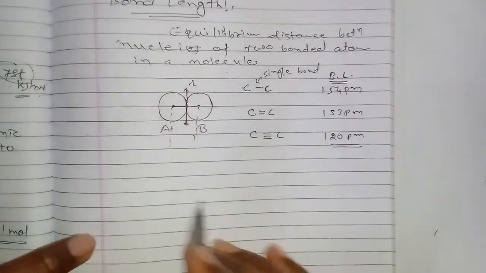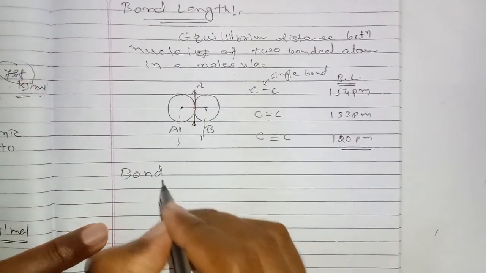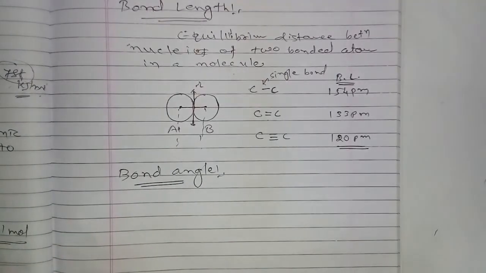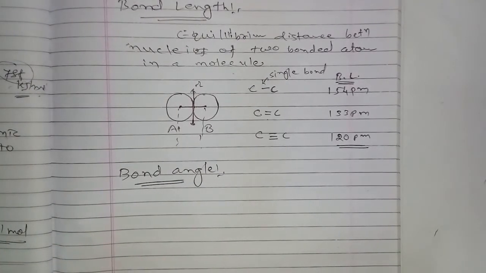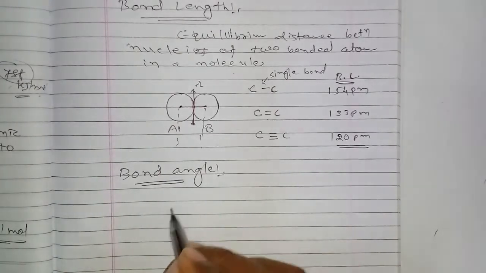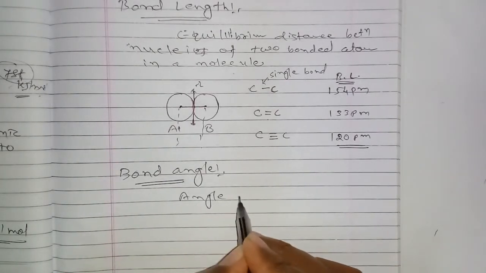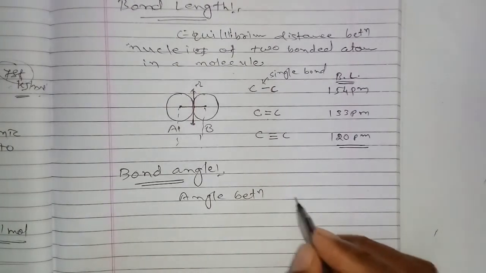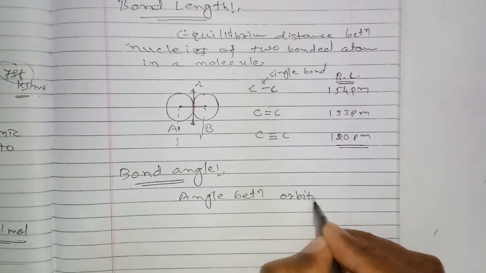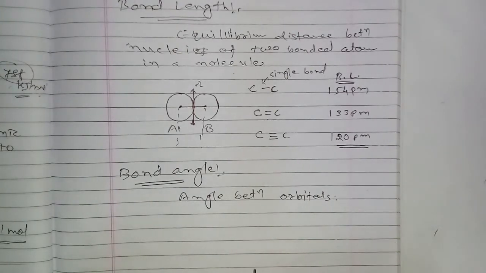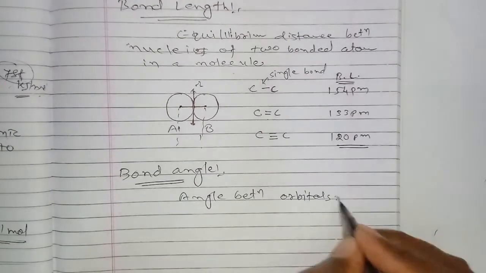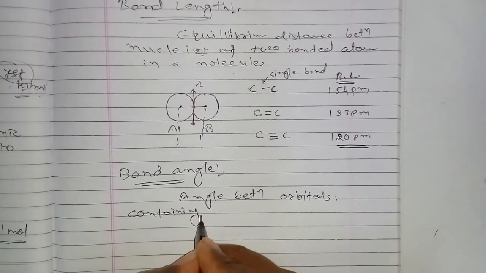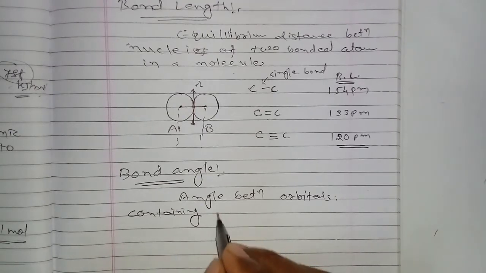Now the next topic, that is bond angle. Bond angle is the angle between the orbitals containing bonding electron pairs.